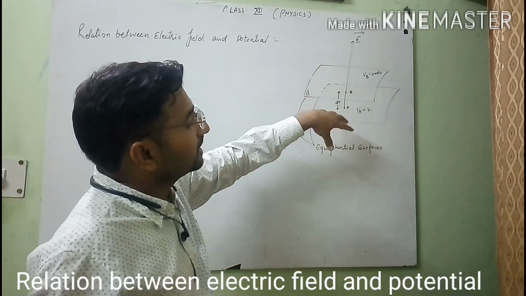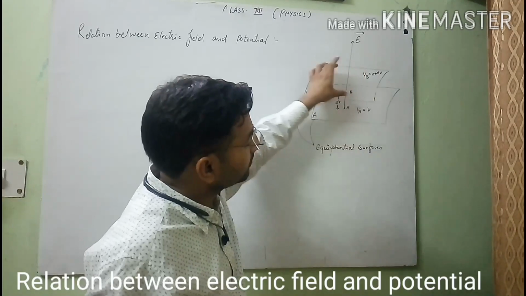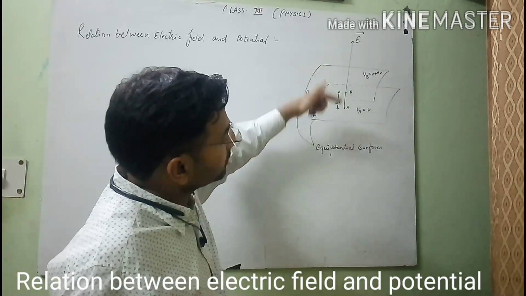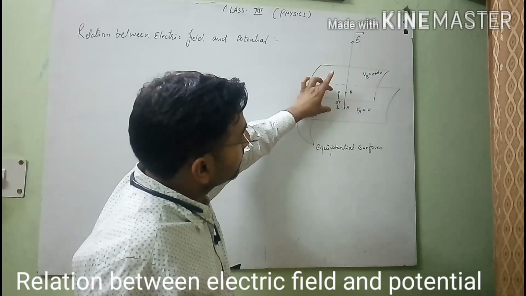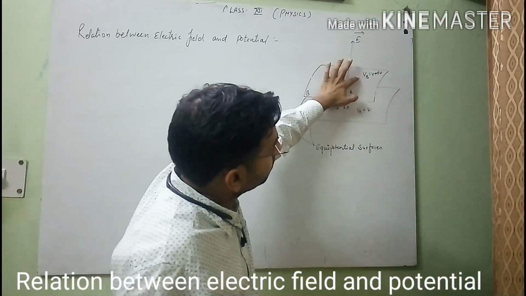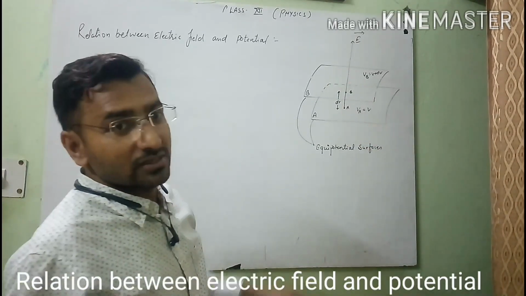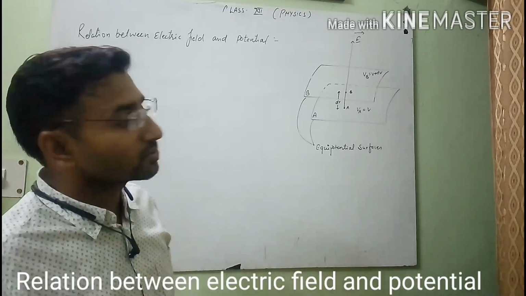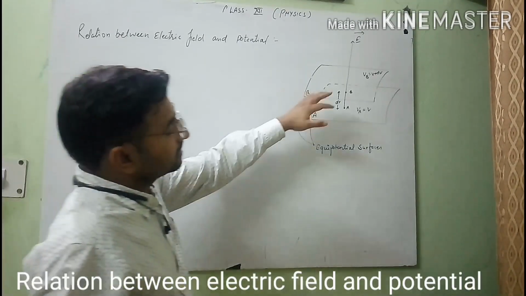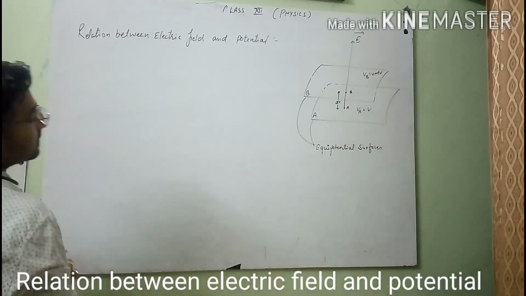Because we are carrying a unit test positive charge from B to A, this work will be equal to the potential difference between these two equipotential surfaces separated by distance dr. Clear, student? So by this statement you know that VA and VB are the equipotential surfaces.